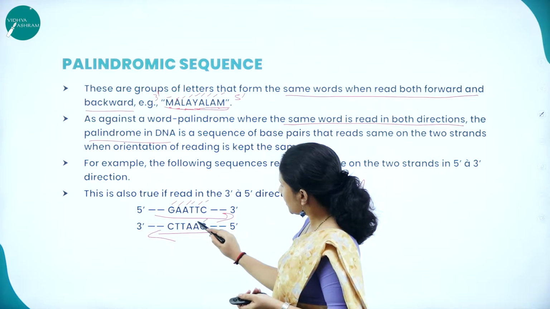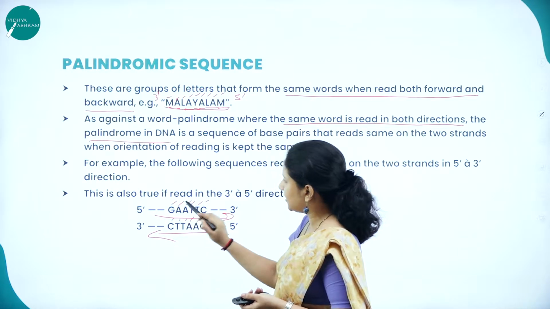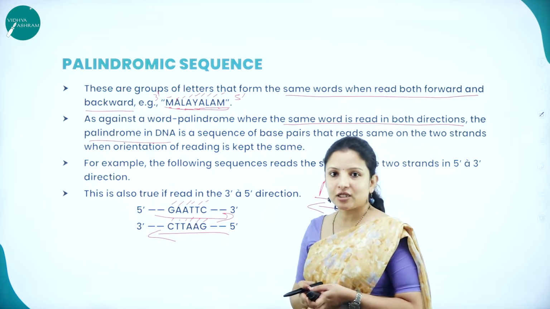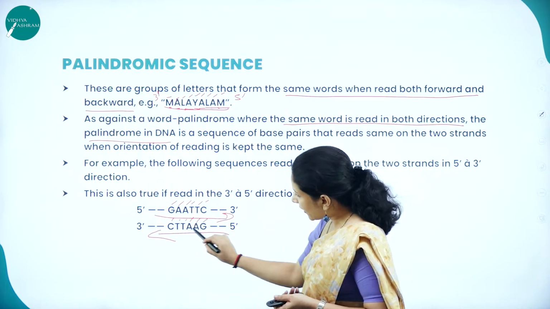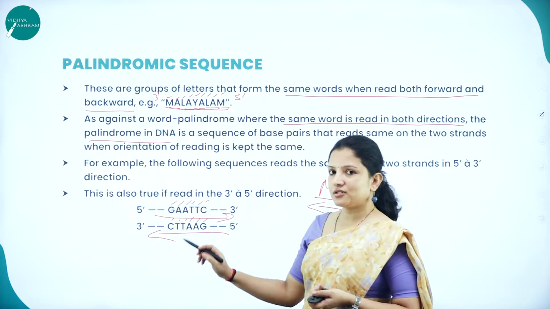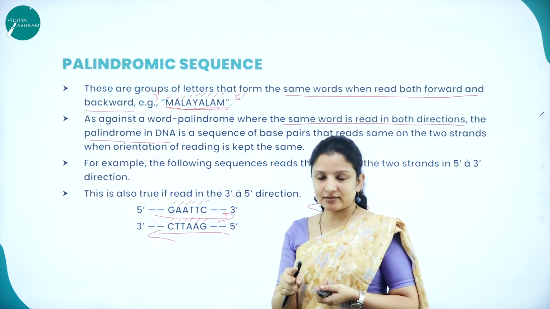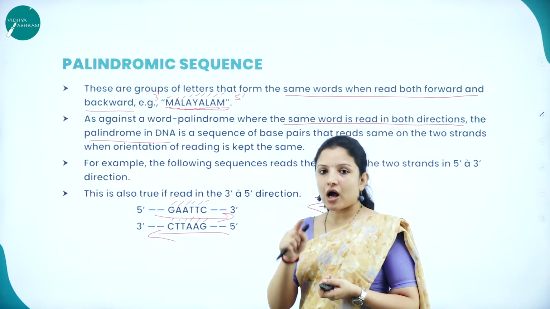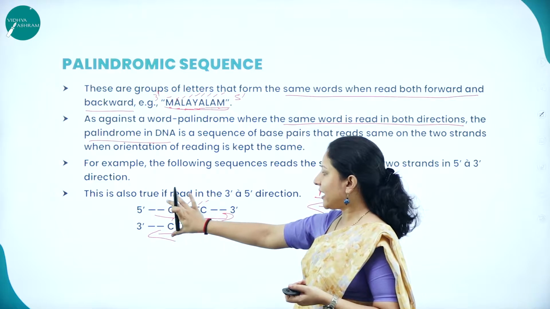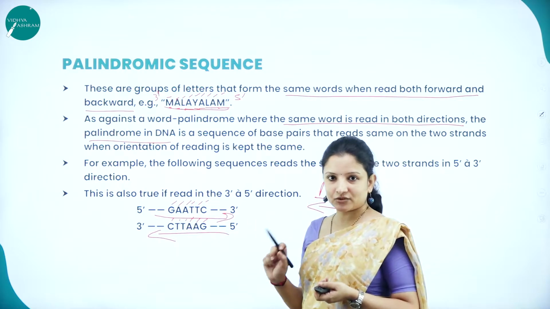Again it is GAATTC. So these are palindromic sequences, and only where this palindromic sequence is there, the restriction endonuclease enzyme, that is EcoRI, will go and bind and cut this particular DNA strand.